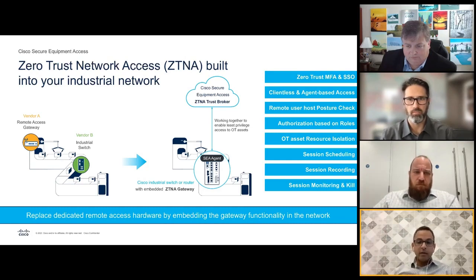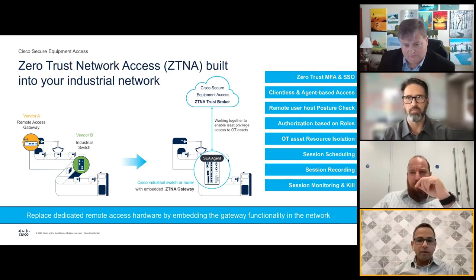Every OT engineer has a whole ecosystem that they subscribe into to manage their automation and control. And so you have your OEM vendor providing you various software, right? And so you need to be able to run that dedicated software from your desktop or workstation to reach these remote assets. And so we have an agent-based solution that allows you to do that.